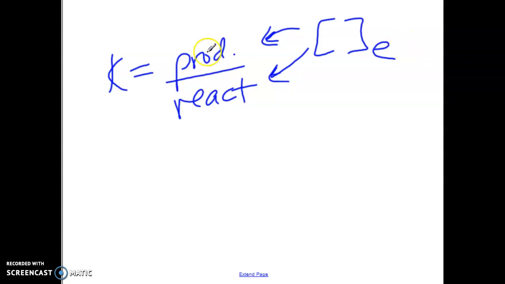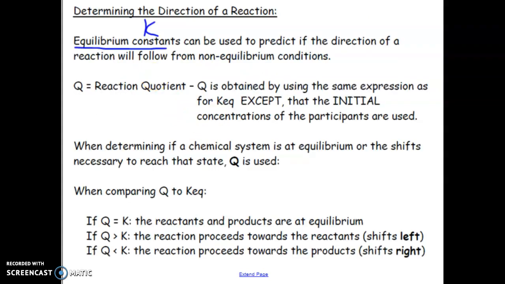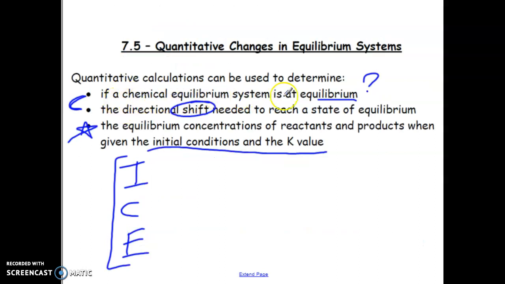You can't put initial concentrations, or something in between initial and equilibrium. If you're indicating that something is a K value or a K expression, they must be at equilibrium. It's assumed, okay?